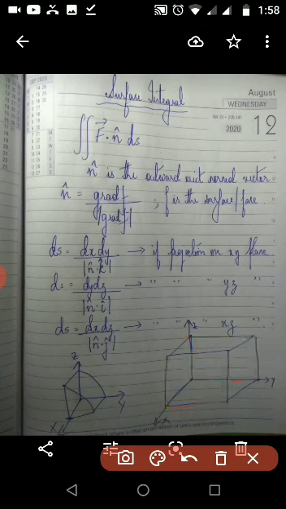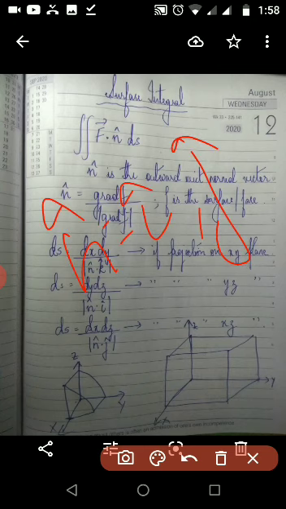So if you have any surface parallel to any of the xy, yz or zx planes, then in that case n hat will be either i hat, j hat or k hat directly, or negative i hat, negative j hat or negative k hat directly. Okay, so if it is a surface of that kind, you just have to calculate n hat in terms of i, j, k this way.